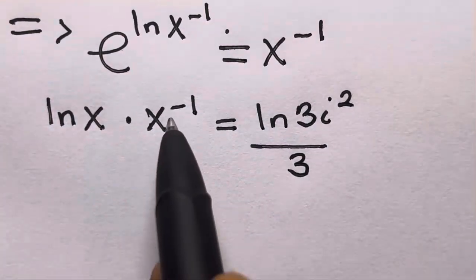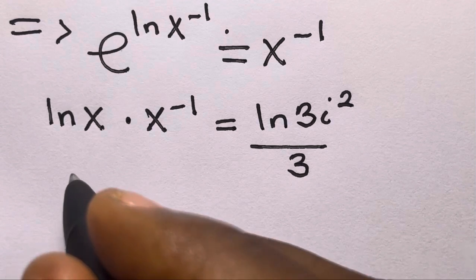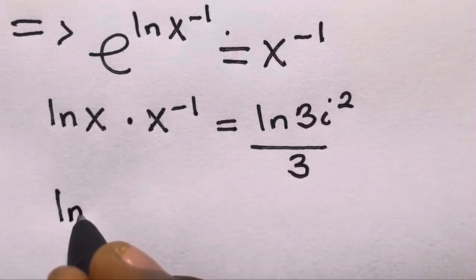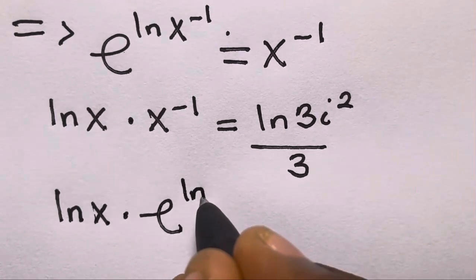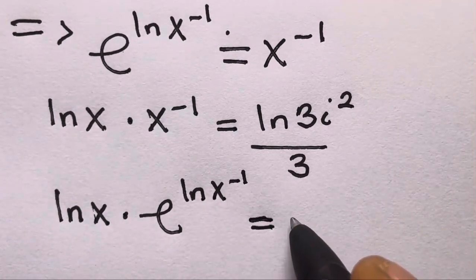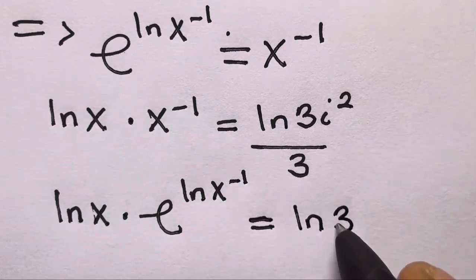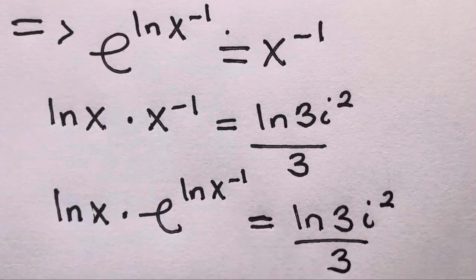So let's replace x raised to the power minus 1 with exponential ln x raised to the power minus 1. So we have ln x times exponential ln x raised to the power minus 1 equals ln 3i squared divided by 3.